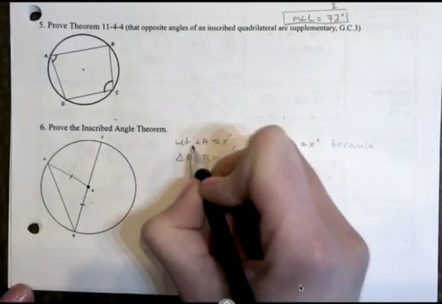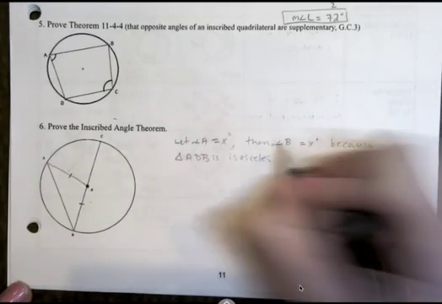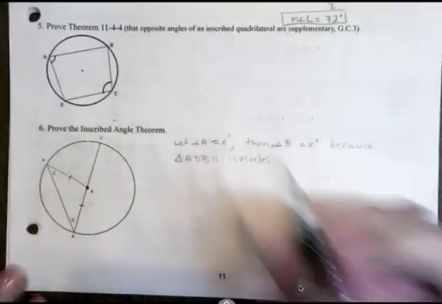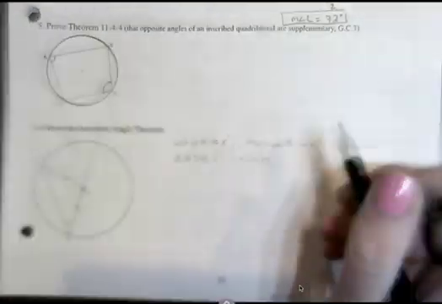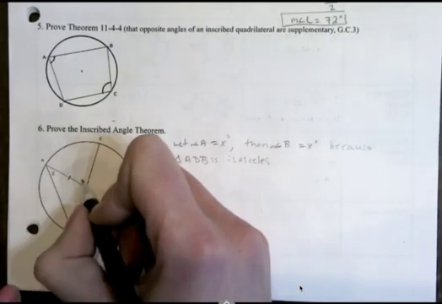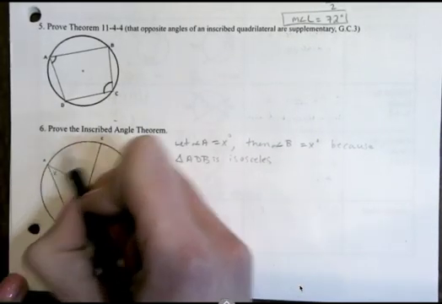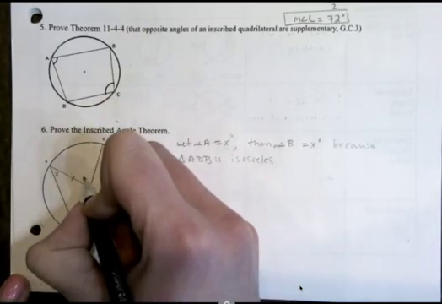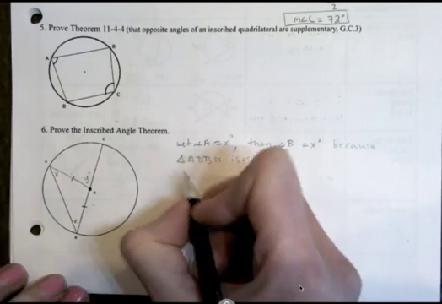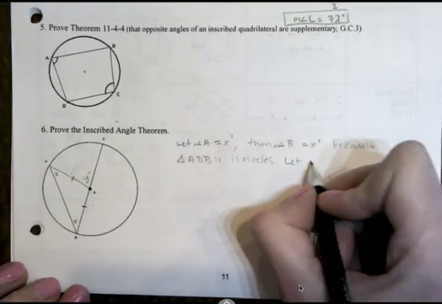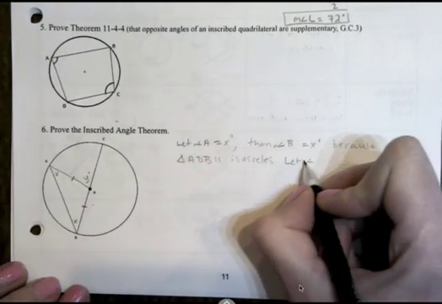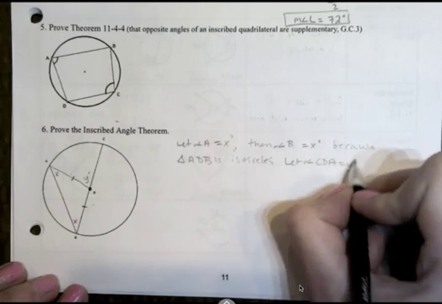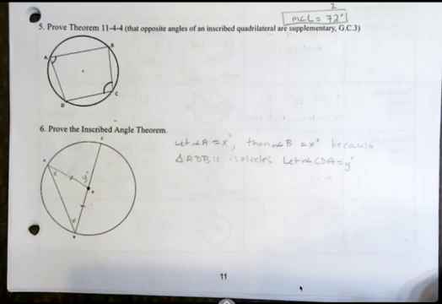Sorry, I should probably put the m's in front, the measure of angle B. So we're going to call these both x. Now I'm going to label this other angle up here. This is our central angle, right? I'm going to call this one y. So let the measure of angle CDA equal y, just so I don't have to label it with 3 letters every single time.